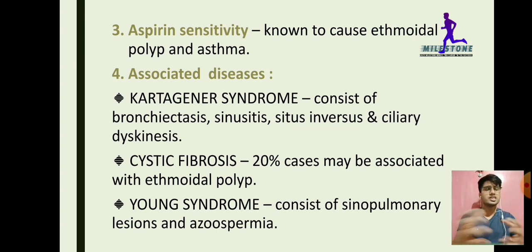In cystic fibrosis there is dehydration of the mucosal secretion. We are not going into the detail of cystic fibrosis, but it has something to do with the mucous membrane. Even in Kartagener syndrome, there is something to do with the cilia and mucous membrane.